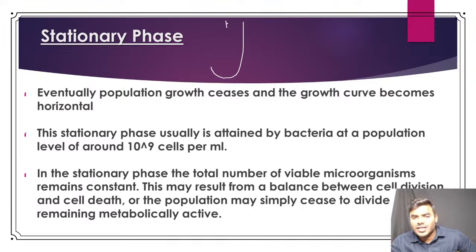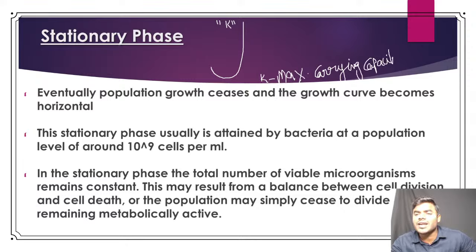What do we call that particular point? We call it K. Every student remember, K means the maximum carrying capacity that the environment can support. K is called carrying capacity.